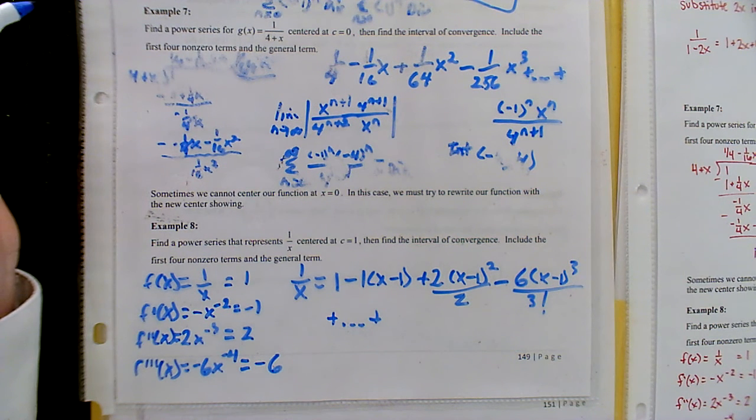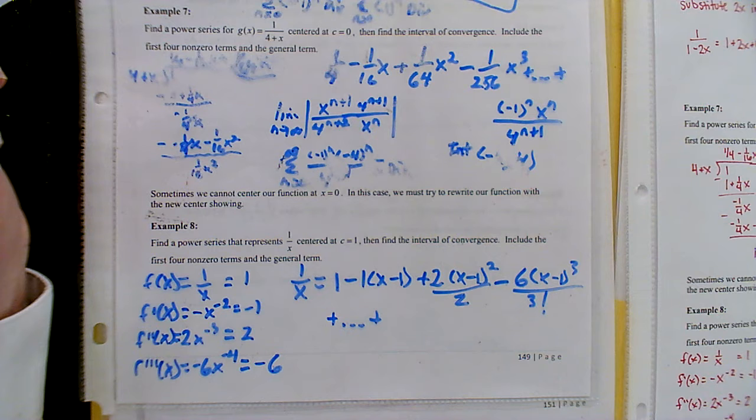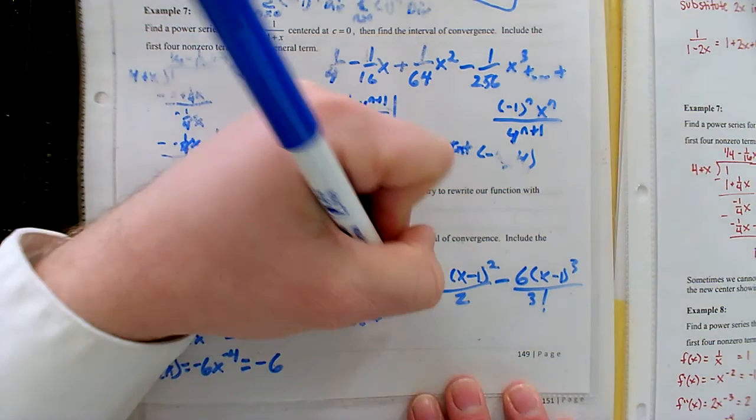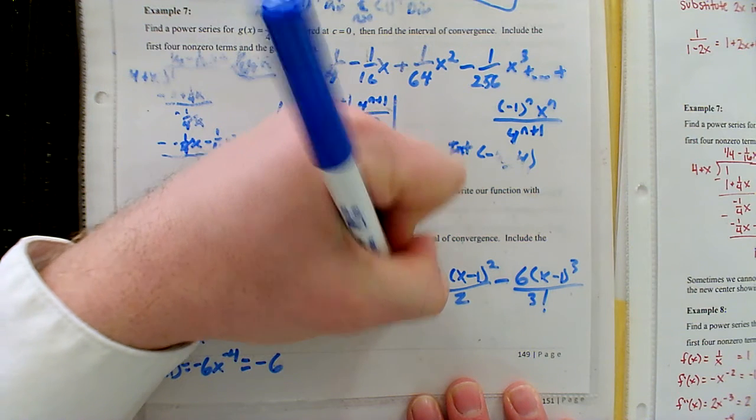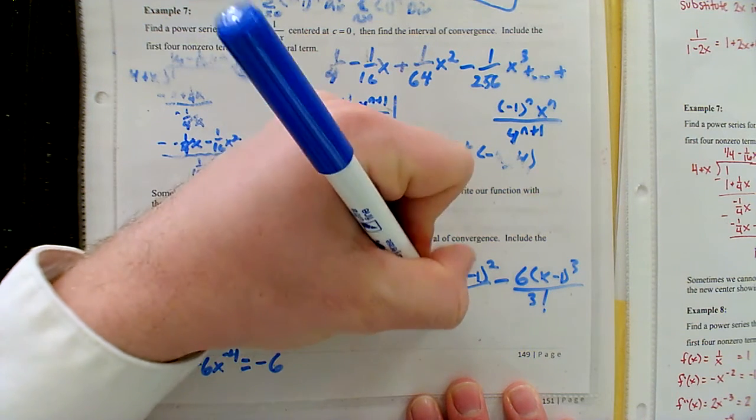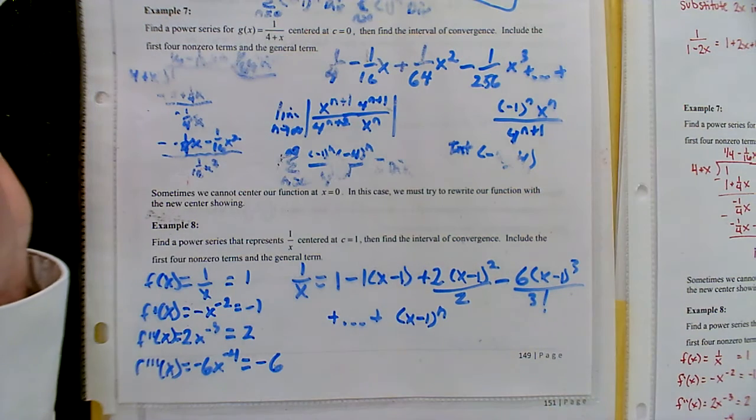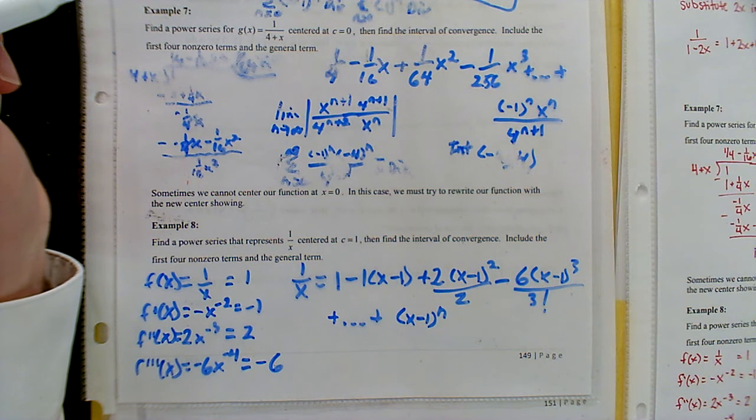So really, what is the general term? How do you find the general term for this one? Just x minus c, or x minus 1 to the n. Do we need to worry about coefficients at all? They cancel out.